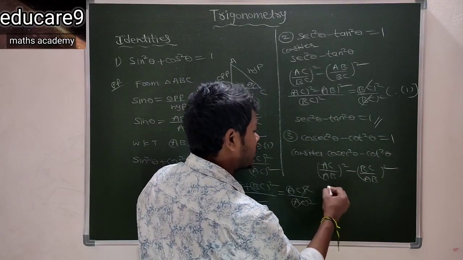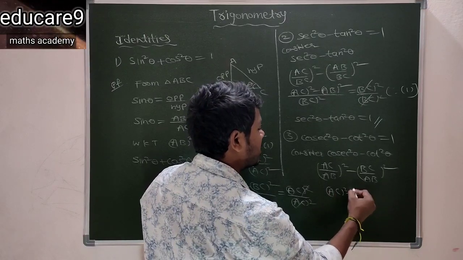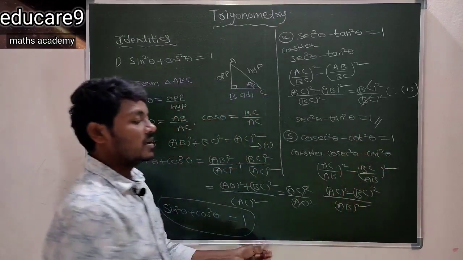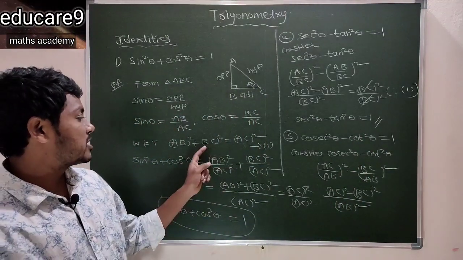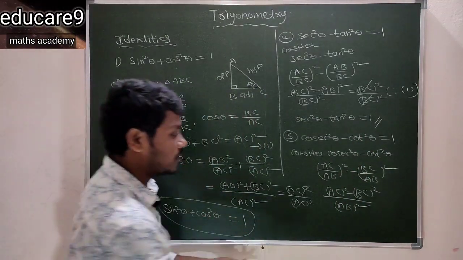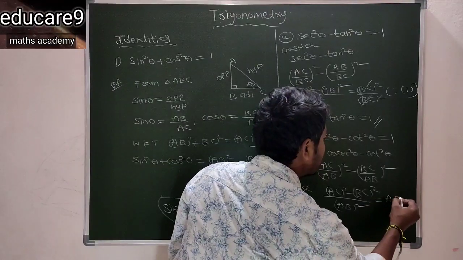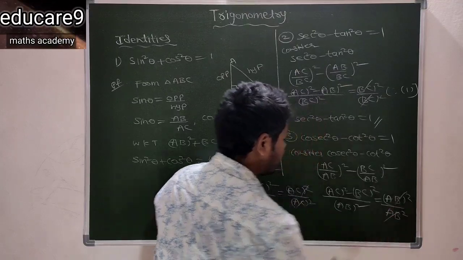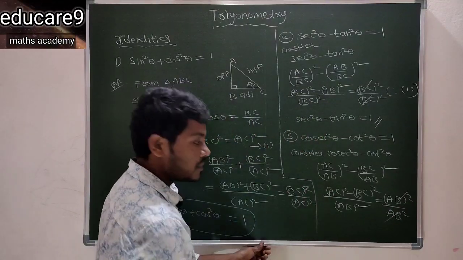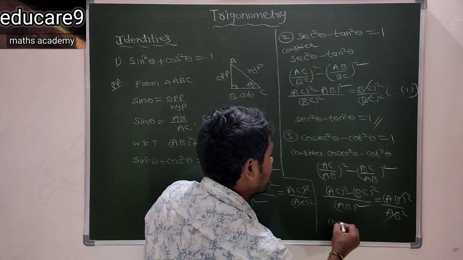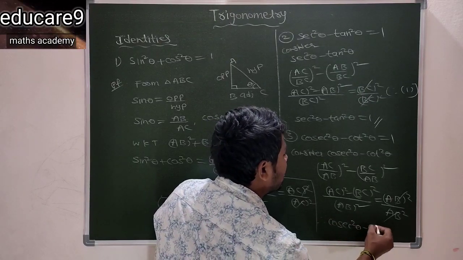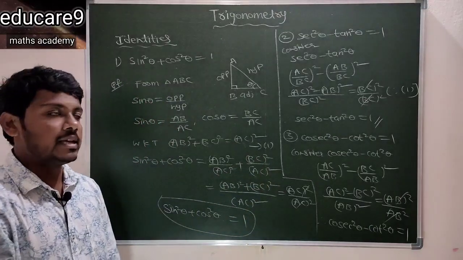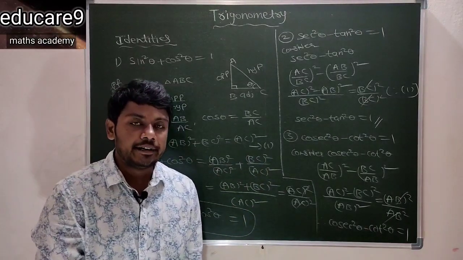Now your AC square minus BC square divided by AB square. So what is AC square minus BC square from equation 1? AB square. So this is AB square by AB square. Okay. So therefore cosec square theta minus cot square theta is equals to 1. So these are the 3 identities.